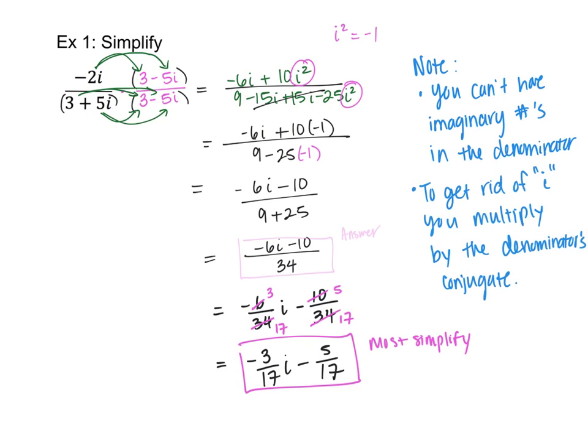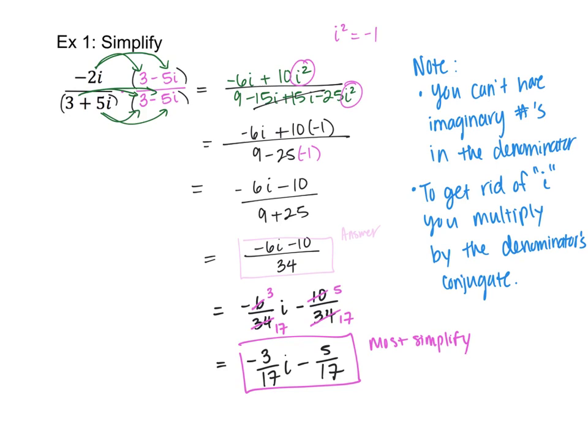You're going to multiply by the denominator's conjugate to the top and the bottom. And so that way your i's will cancel out, bringing you to a real number. And then that way you can simplify it further. But yeah, that's what you have to do. You have to go find the conjugate. So really, division is going to feel more like a multiplication problem with simplification.